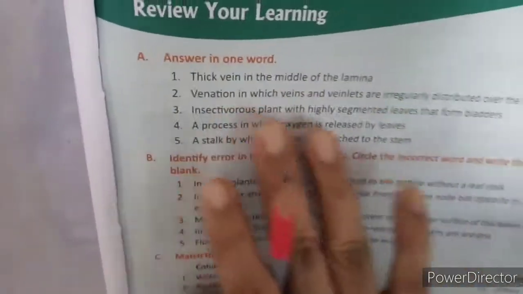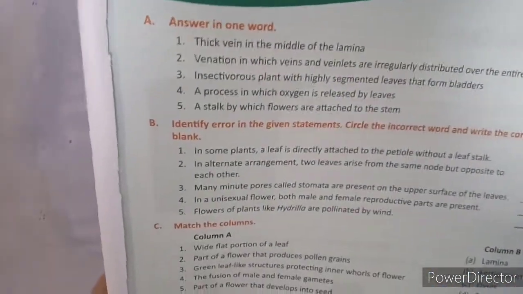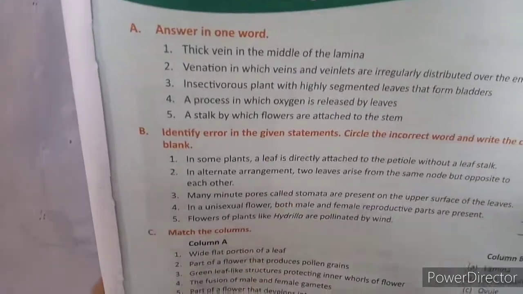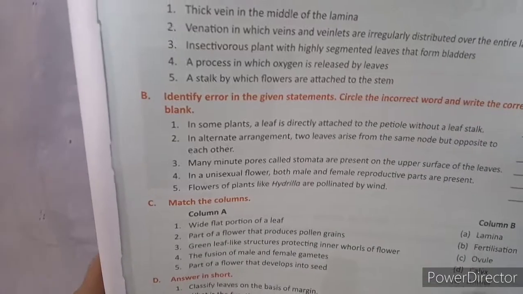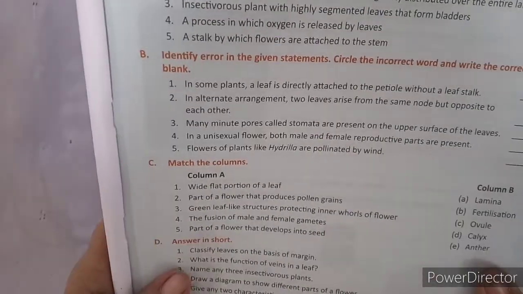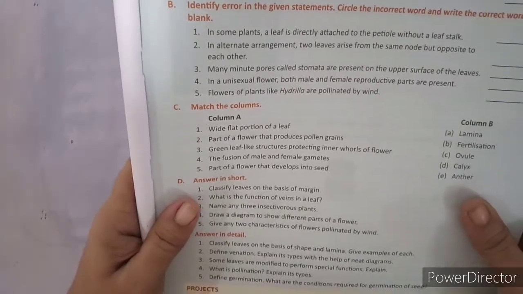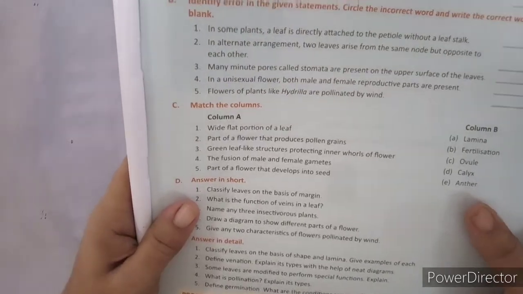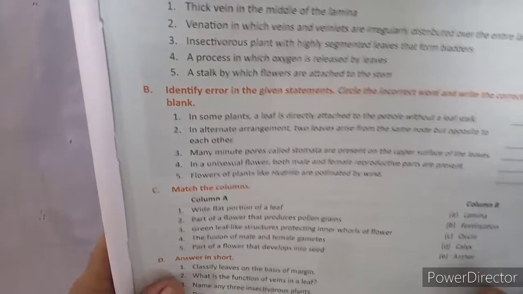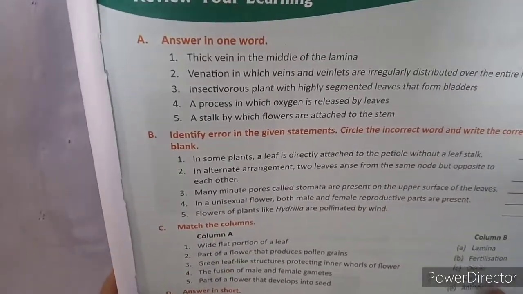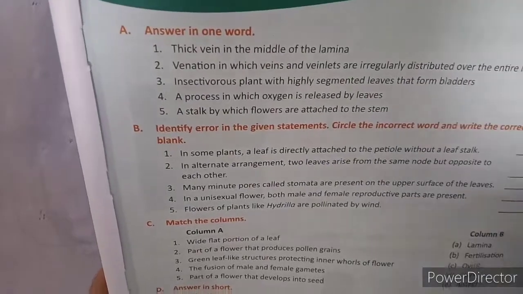Because only small questions are there: answer in one word, then identify the errors, then match the columns, answer in short, then answer in detail. So you have to learn these answers, and if you want to try it, you can write in your notebook as your homework.